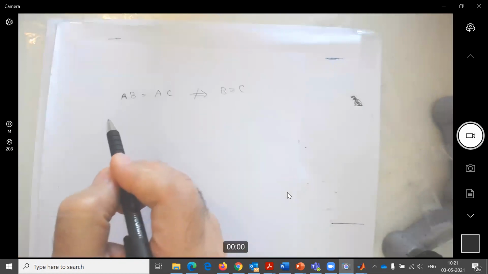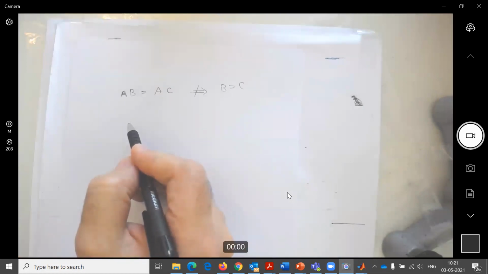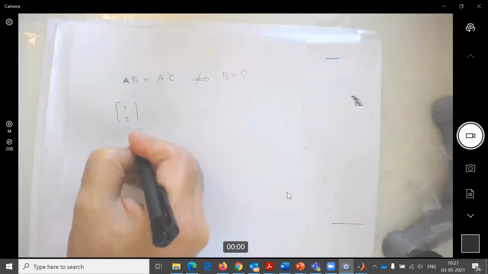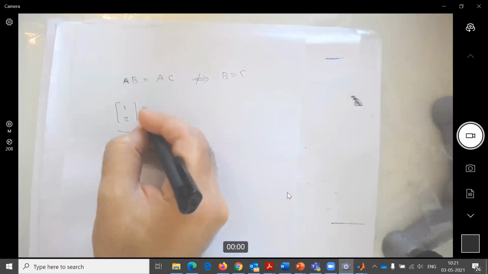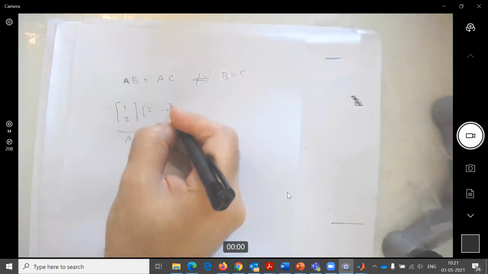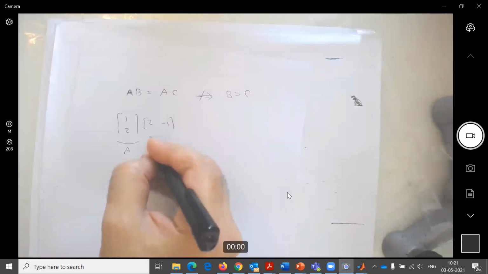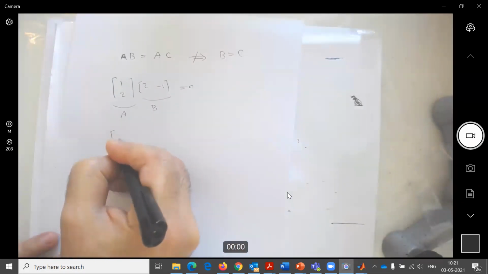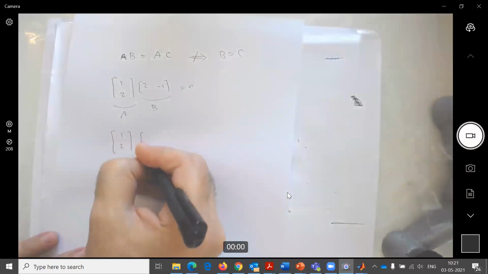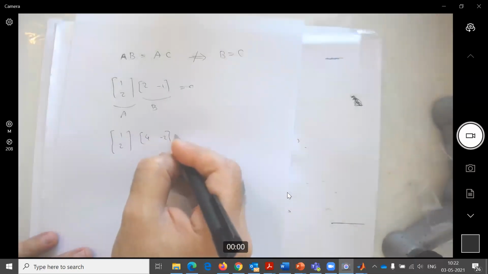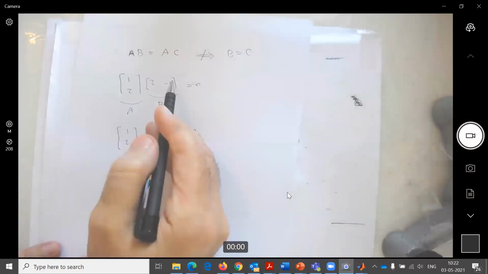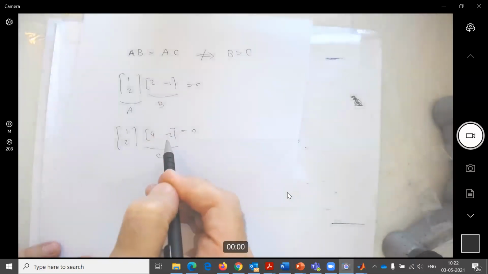To give you a simple example, for example, 1, 2, this is A, and B is 2 minus 1. If you multiply, it would be 0. I will take the same A, 1, 2, but this time C could be 4 minus 2. It is still 0. So A multiply B is equal to A multiply C, but B is not equal to C. We know that, okay?